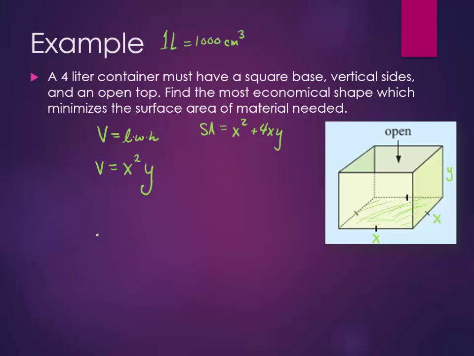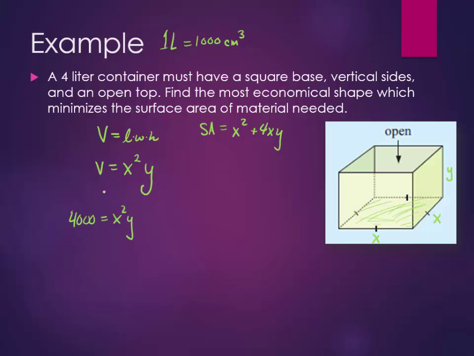What is the volume equal to, though? On one of the sides? No. Volume is everything that fits in this container. How much can fit in that container? 4 liters or 4,000 centimeters cubed. So we're going to go 4,000 equals x squared y.